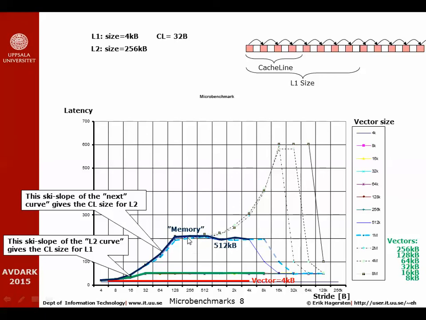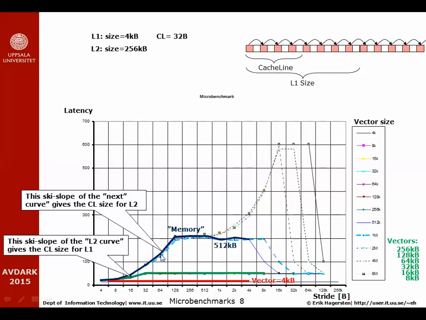So what conclusion can we draw from this ski slope here? Well, this 512 kilobyte vector is too large to fit in the second level cache, because the size of the second level cache is 256 kilobytes. But for small strides, we experience a ski slope, and this ski slope has to do with spatial locality. Specifically, if you have a stride of 64, it is most likely that you will hit in a cache line twice.